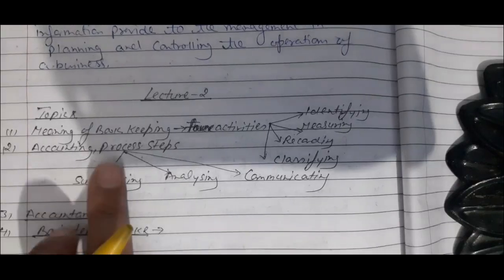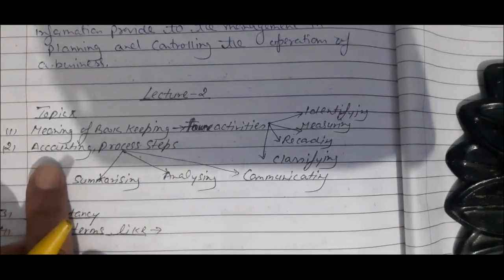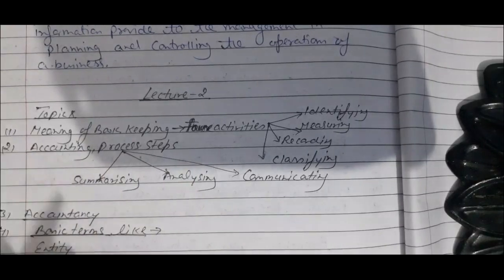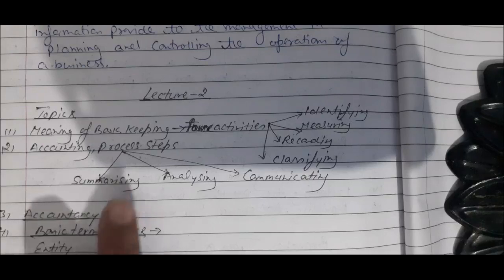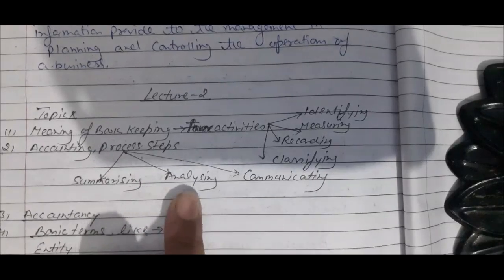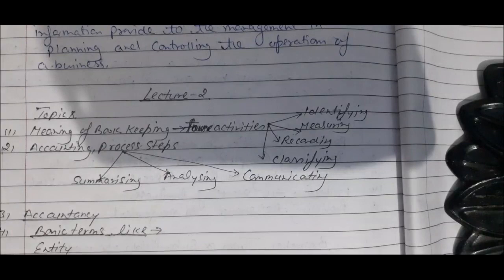Next, accounting process steps. First, the meaning of accounting. Accounting is the process of recording financial transactions, and the accounting process includes summarizing, analyzing and communicating. Second, analyzing: analyzing the summarized result, whether it is correct or not. According to analyzing, we have to check whether all the accounts are correct or not.